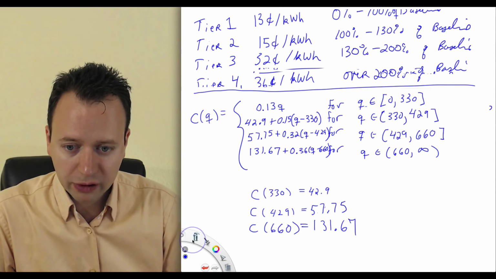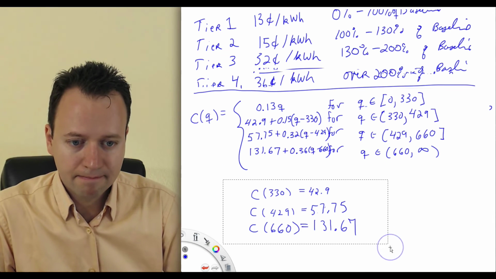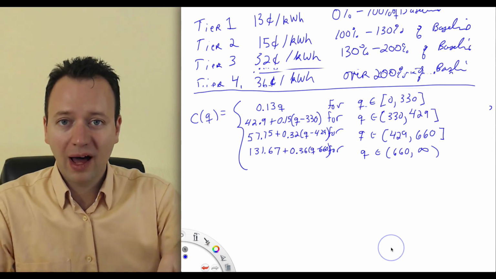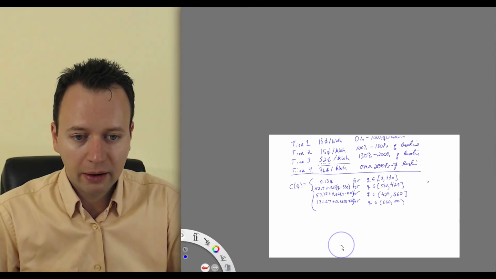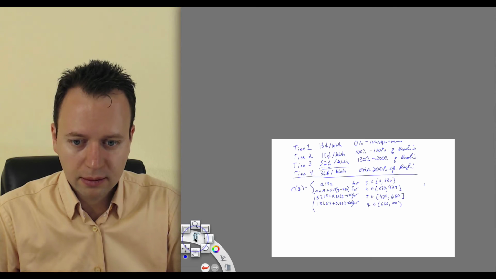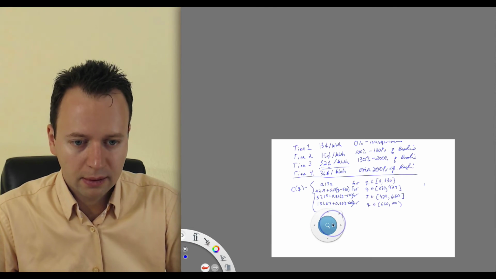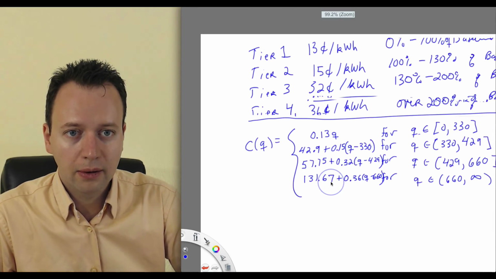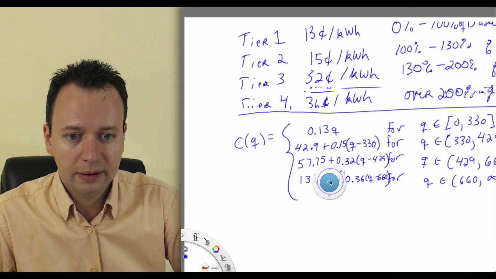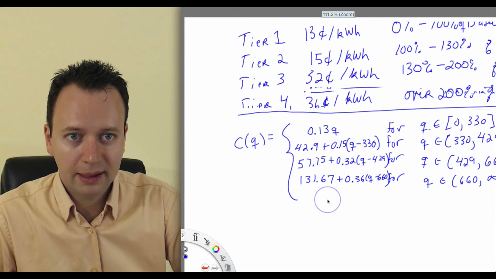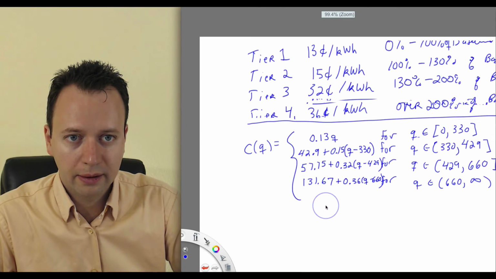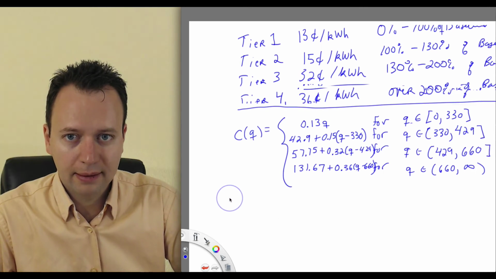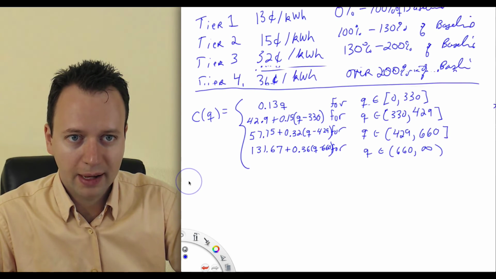And then we can actually, instead of having this 42.9 plus 0.15 times parentheses, rewrite it. You have to love technology. Okay, it's not exactly what I wanted. Okay, I guess that works.